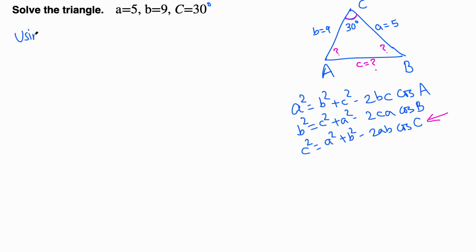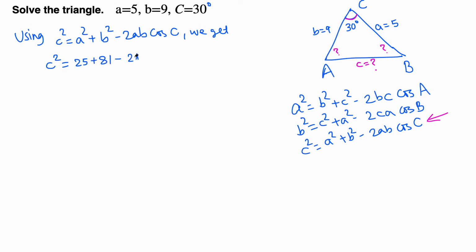Using c square equals a square plus b square minus 2ab cosine C, we get c square equals 5 square, 25, plus 9 square, 81, minus 2 times 5 times 9 times cosine of 30 degrees. You can just use your calculator.